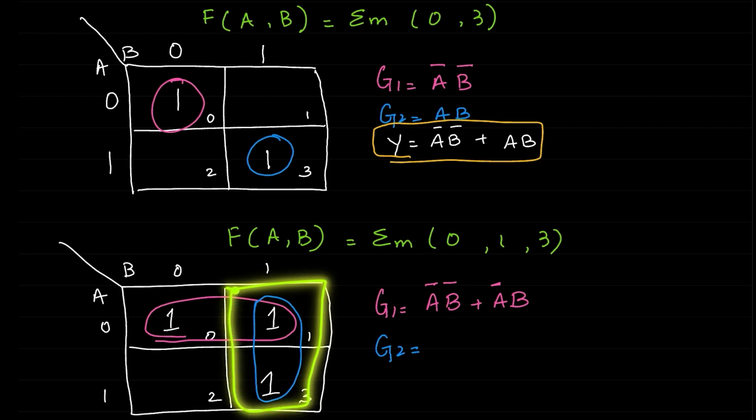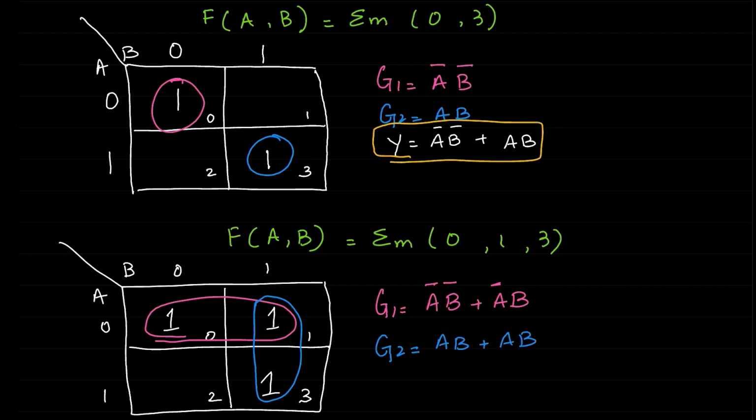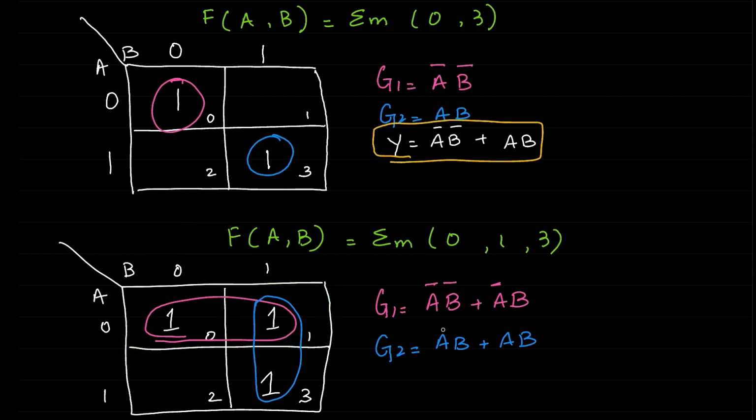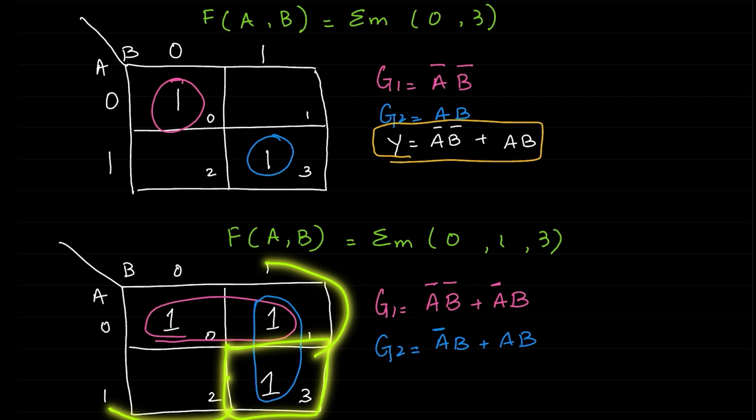For the first cell, B is 1 and A is 0, so we will call it A bar B. And in the second cell, A is 1 and B is also 1, so AB.